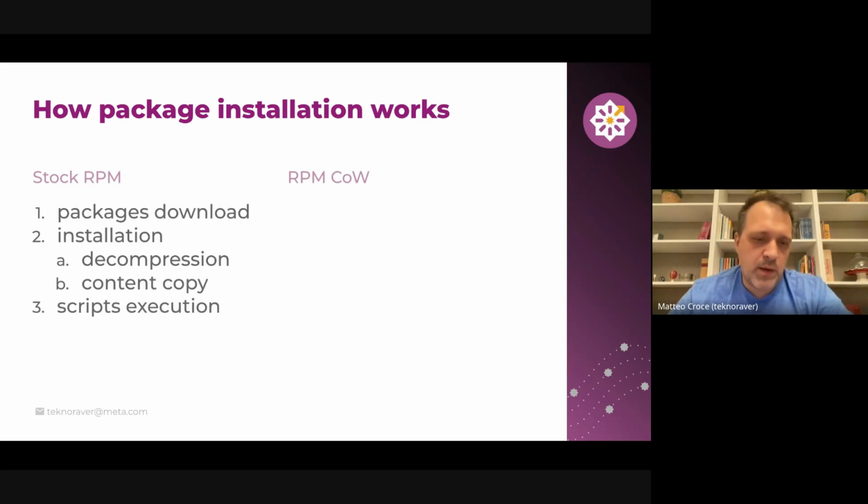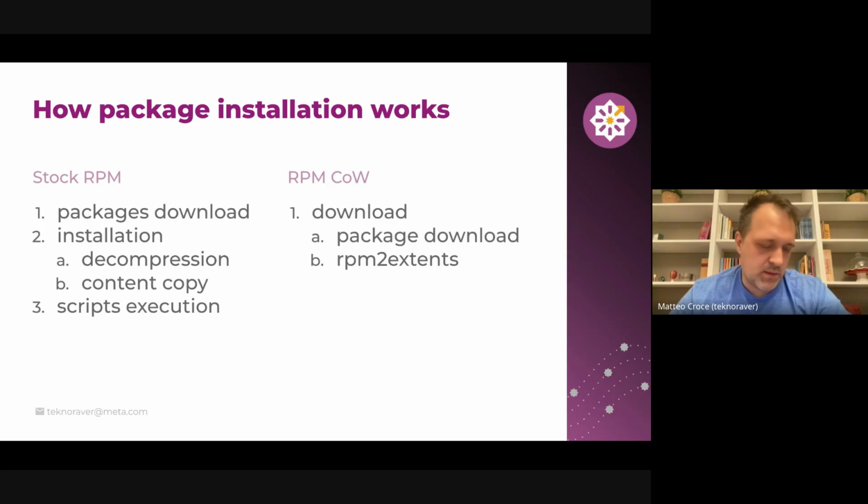With RPM cow, things are a bit different because the download is made a bit different. The package is downloaded, but in parallel, RPM extent is transcoding the package file to the extent format I showed just a few minutes ago.